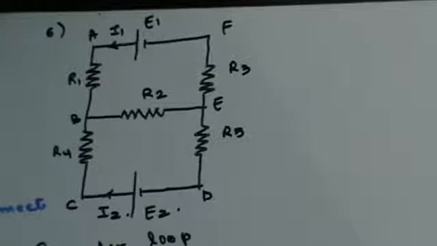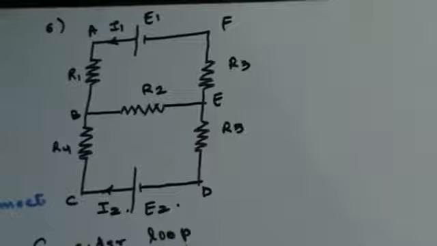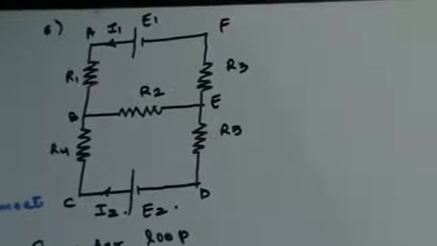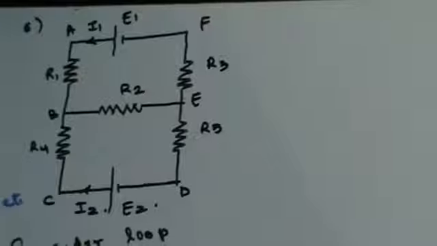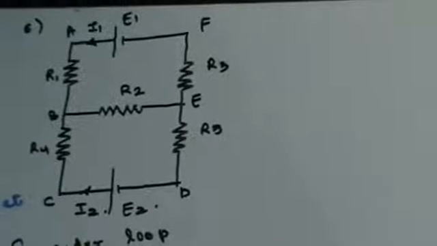So I can say E1. Now, current entering a node is treated as positive, current leaving the node as negative. Current I1 is entering node A, so it is positive, so this will be I1R1.